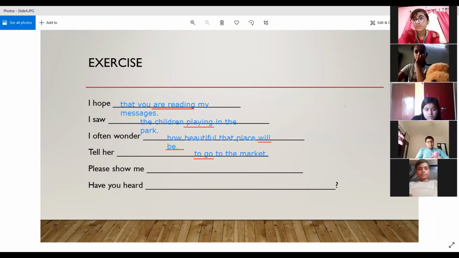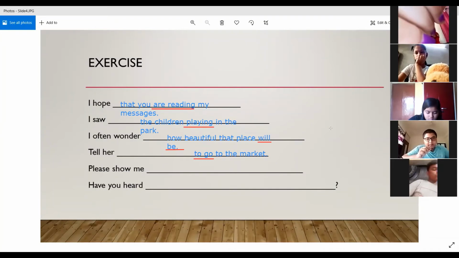Okay. Akash has not answered till now, so yes, Akash. Please show me what food she give her. What food she gives her or she give her? Why give? Sir, what food she give her?